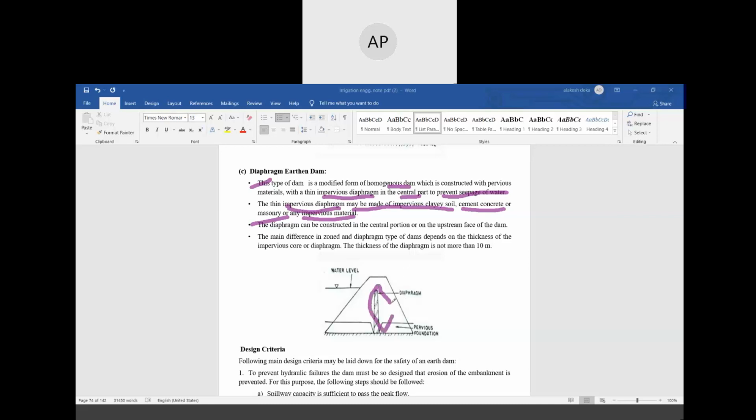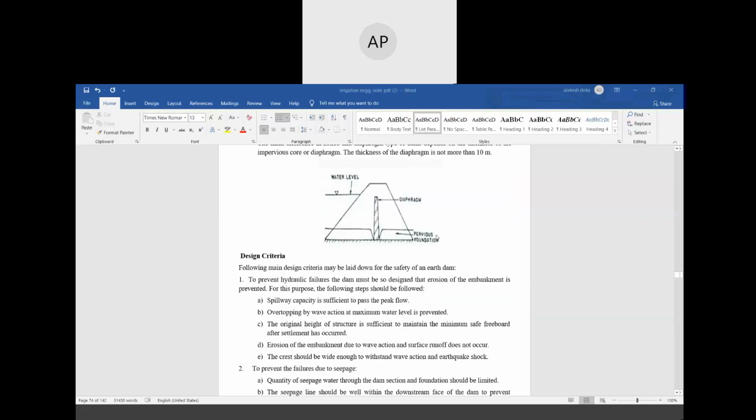This is a diaphragm constructed in the central portion, and this is the pervious foundation. The main difference between zoned and diaphragm types depends on the thickness of the impervious core or diaphragm. The thickness of a diaphragm is not more than 10 meters.